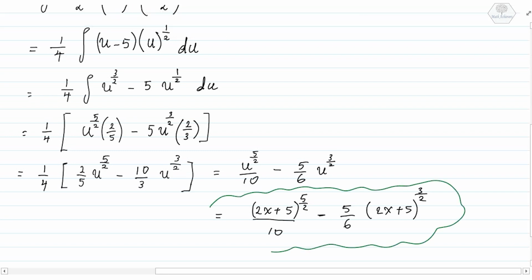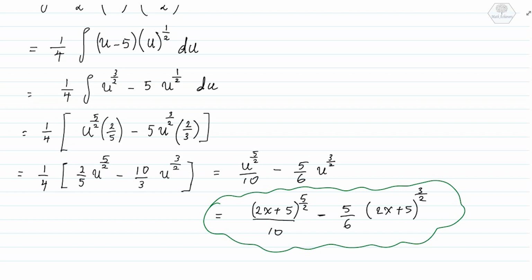This method is called the substitution method, and most of the time we need to find the value of integrals so we can find the area under curves for certain regions or whatever specified region in the question.